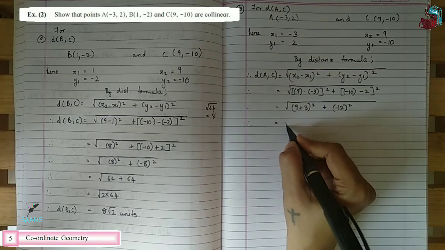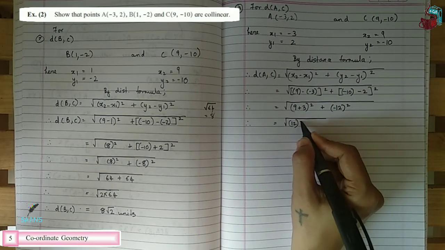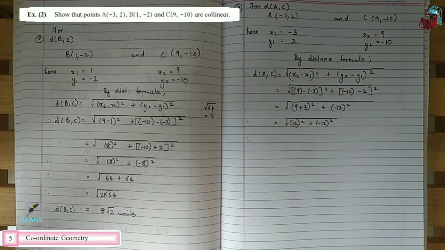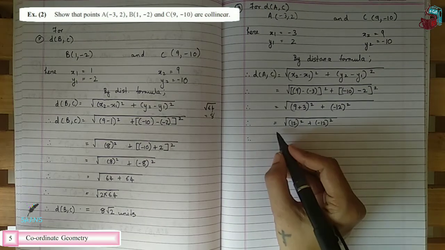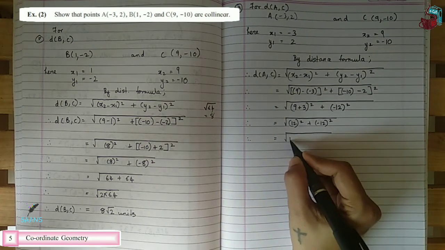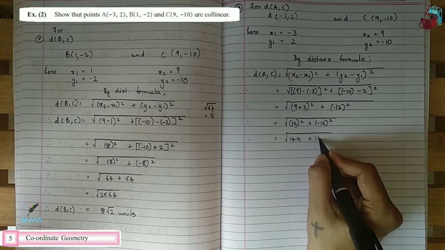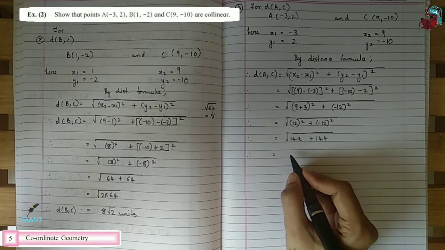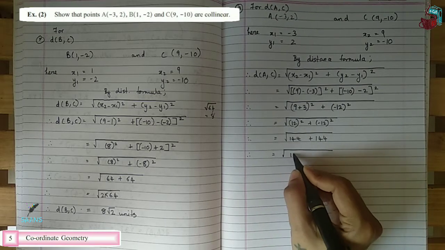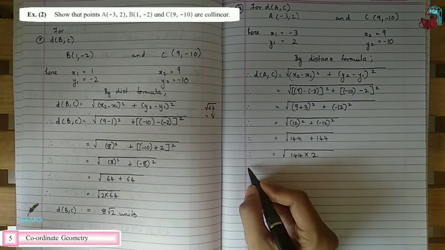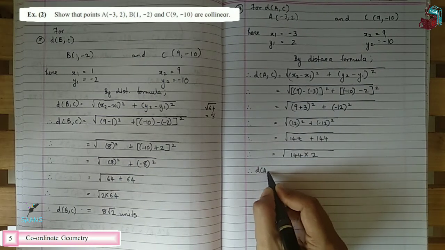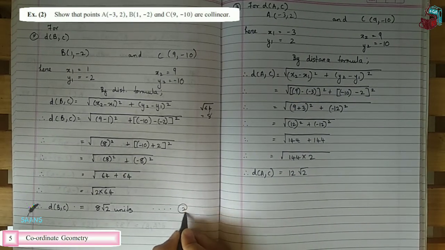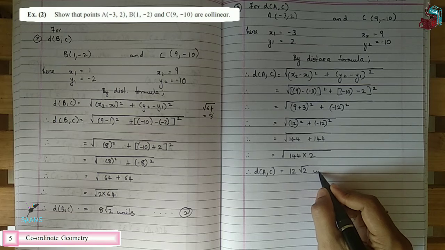Therefore that is equal to 12 the whole square plus minus 12 the whole square. So that is equal to 144 plus 144. I told you square of a negative number is always a positive number. That is 144 into 2. Square root of 144 is 12, so distance A comma C is equal to 12 root 2 units.